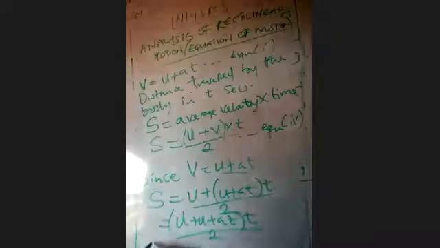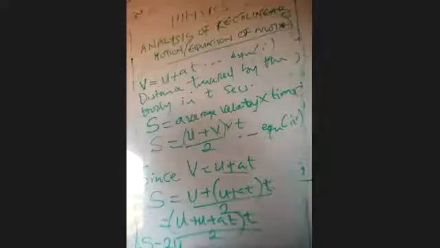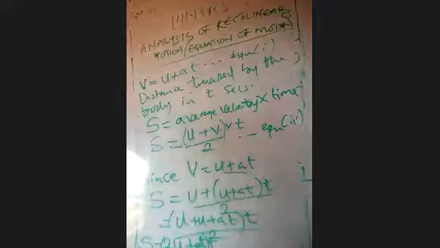Now, S will be equal to U plus U, which gives us 2U, plus a t. So (2U plus a t) times T, all over 2.